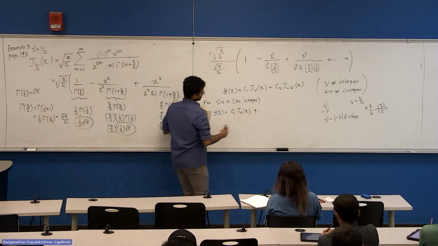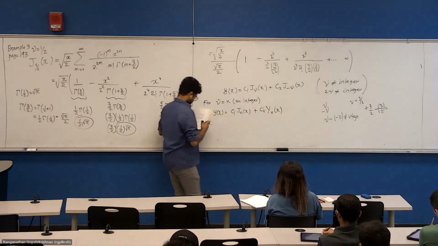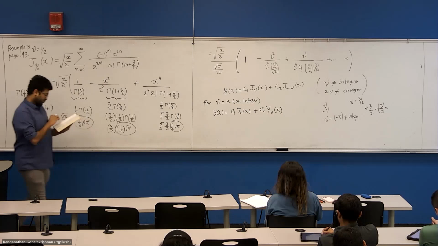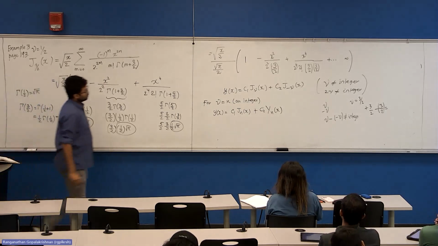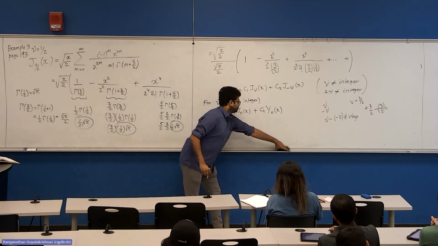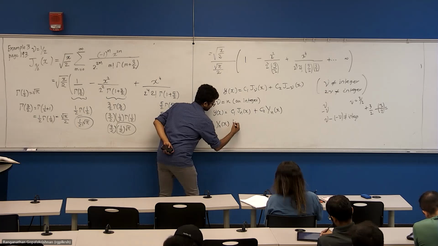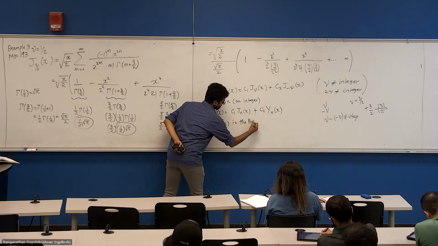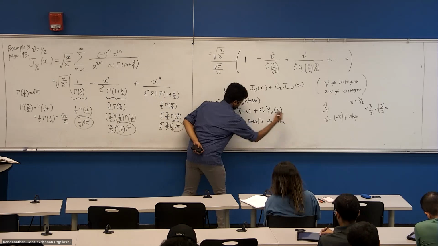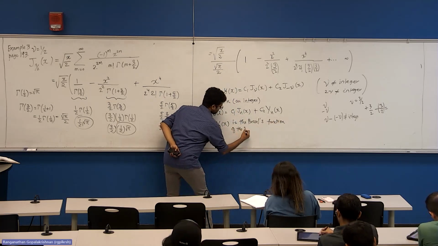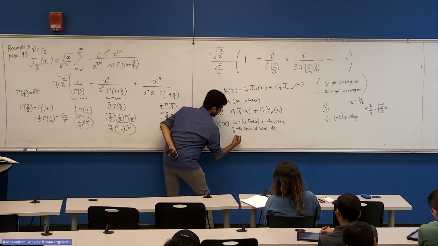And then we'll write C2 times Yn of x, where Yn of x is the Bessel's function of the second kind of order n.